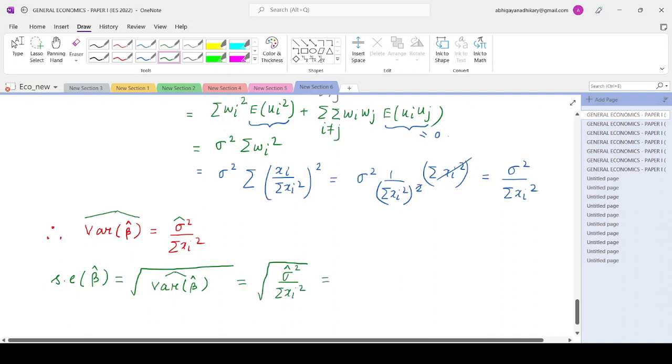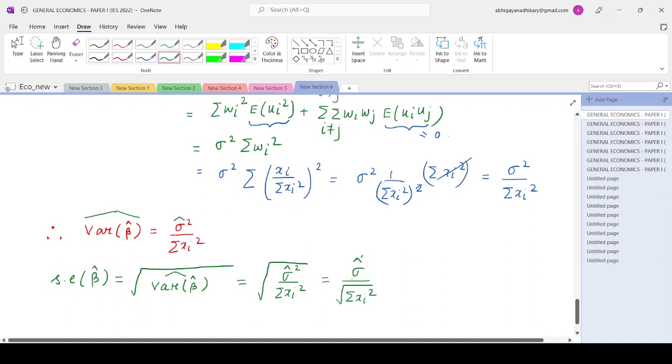That is basically sigma hat divided by the square root of summation small xi square.